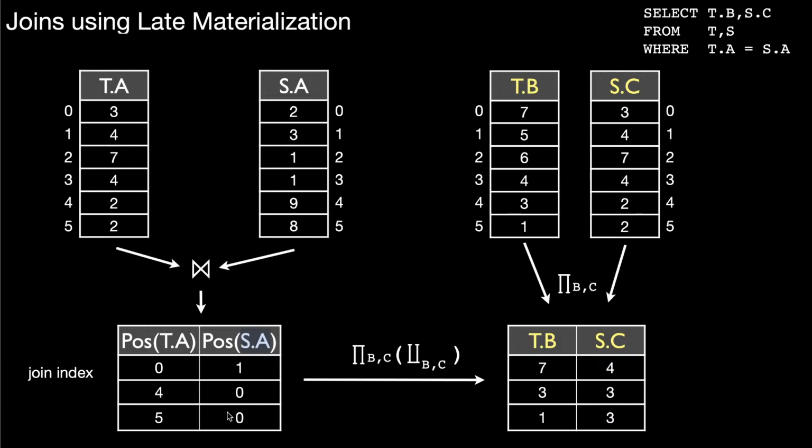But this is a structure that can also be used in late materialization, because now we have that positional information, and now we can apply a projection doing something like that. Actually, this projection here is, of course, not required, because it's only required to filter out those row IDs. So after adding the attribute values from B and C, you want to get rid of those positions because they are internal positions.